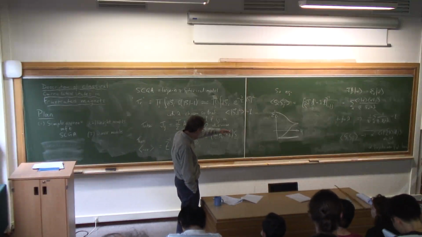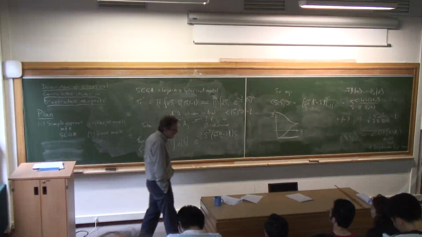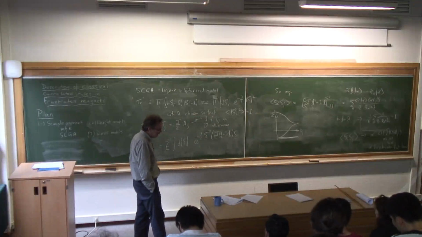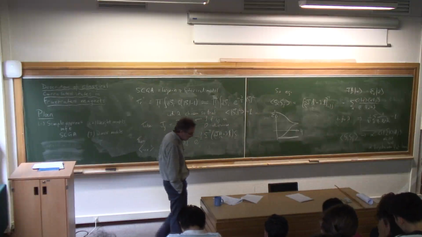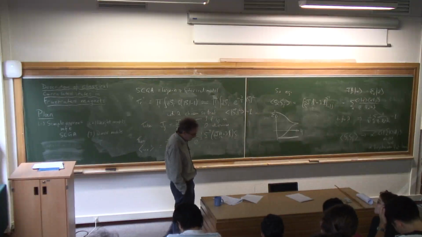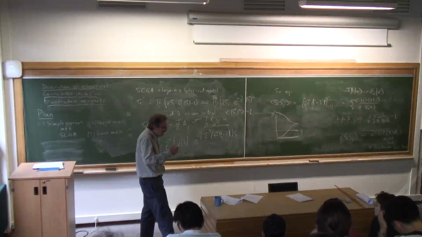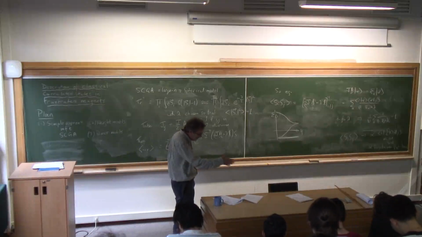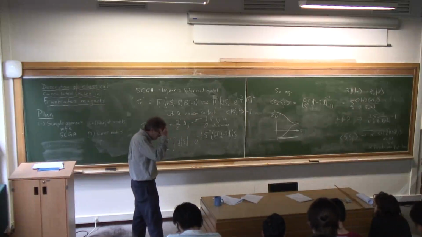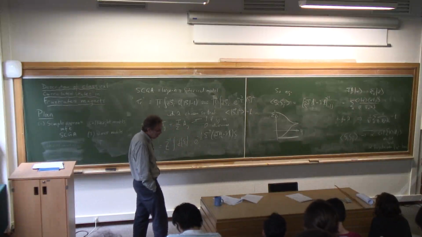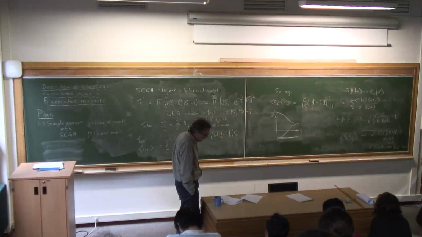So if you go into the details of this, then you can calculate a correlation length and ask how it behaves as a function of temperature, and it diverges as you go to the zero temperature limit, and in fact it diverges like 1 over the square root of temperature.